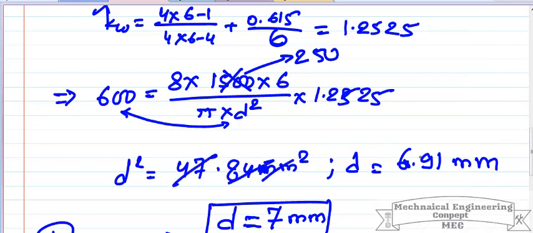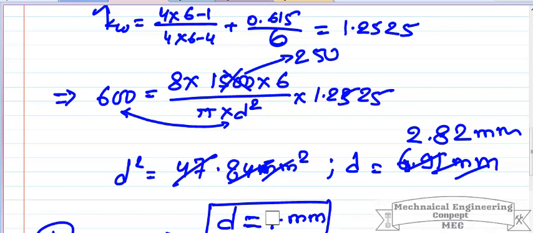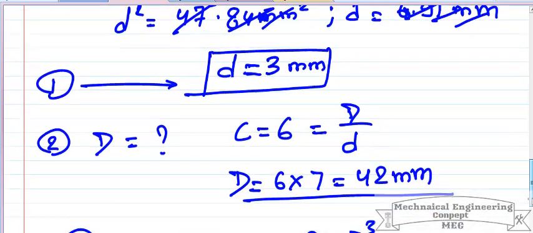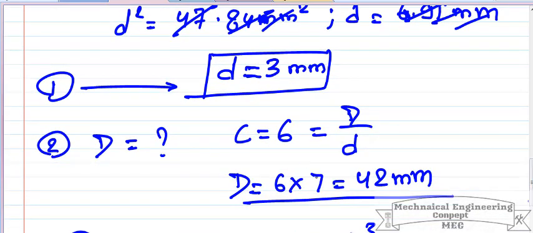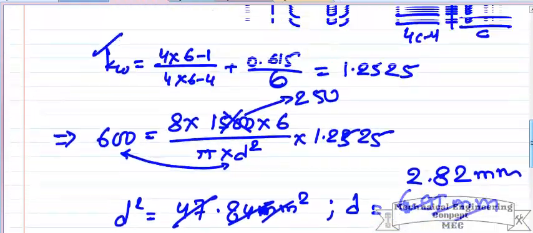This is wrong. 2.82 mm will be the value, and in place of 2.82 I can round it off as 3 mm. So capital D will also be changed. 6 into 3 will come out as 18 mm.